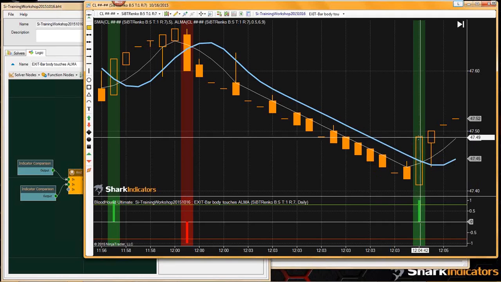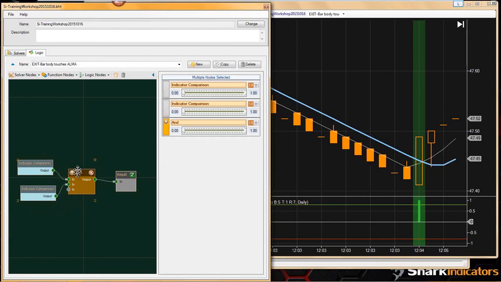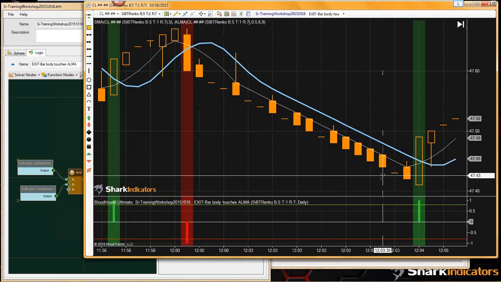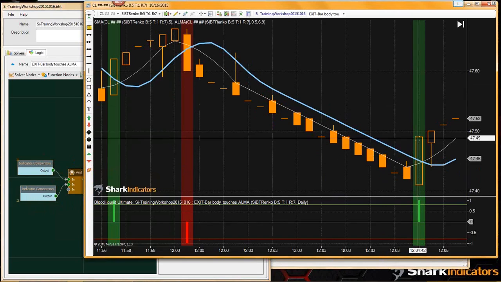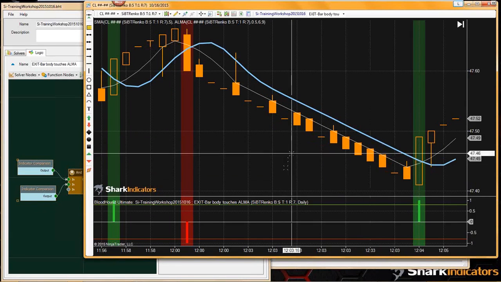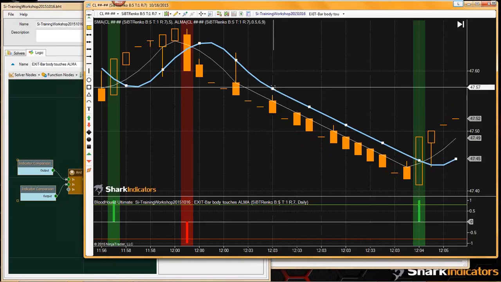This is a complex way of doing this. If you're just using Renko bars like this, then essentially you're just looking for reversal bars to exit you, at least with these indicator settings here.